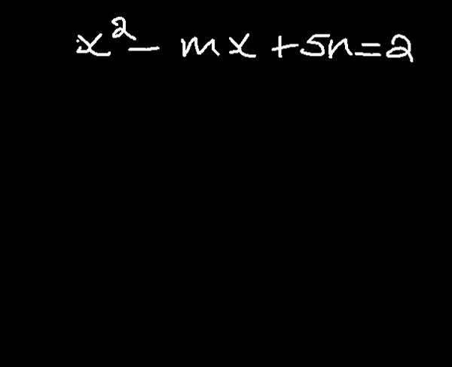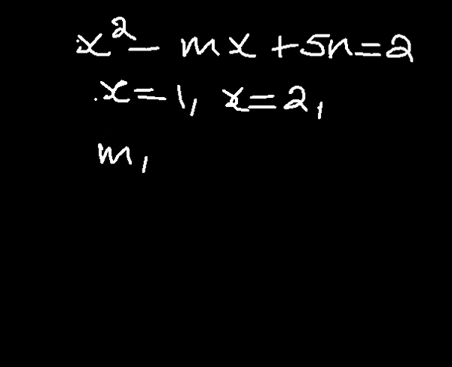Assuming that this is the quadratic equation, and let's say it has the roots x is equal to 1, and also x is equal to 2. Find the values of m as well as n. So we have to calculate the value of m, and also the value of n. How should you go about it?